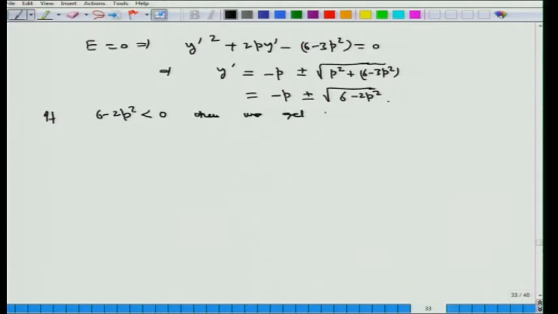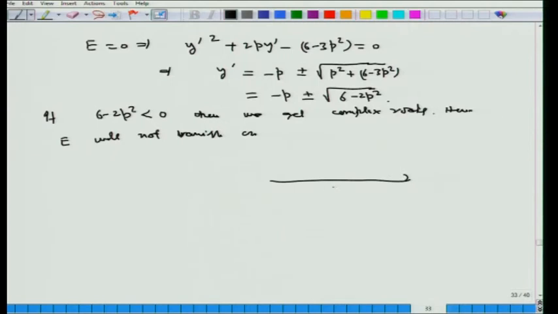we get complex roots, hence E will not vanish on this line. So, here we have P and this is E here.